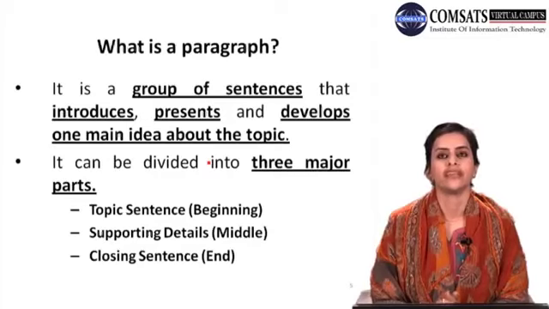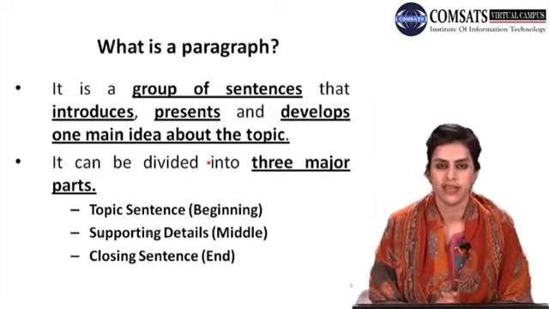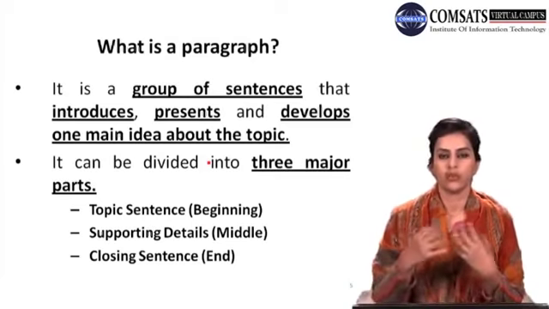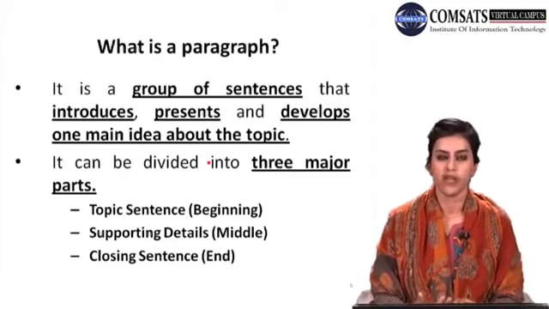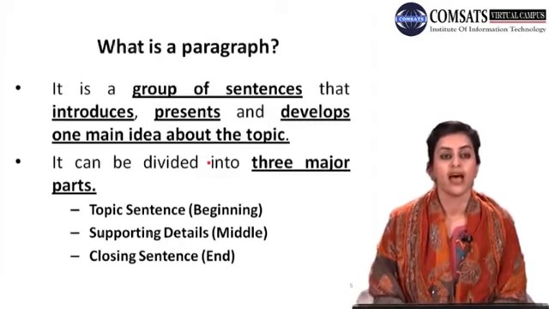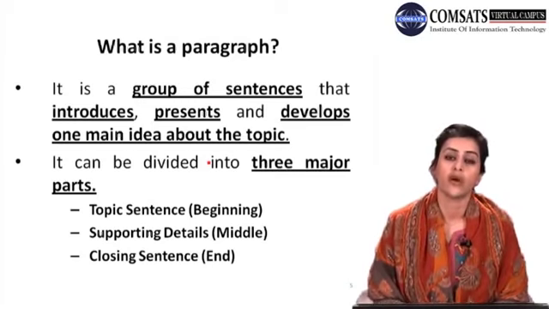So to begin with, let's see what a paragraph is. The dictionary definition of the paragraph says that it is a group of sentences. There are different sentences in a paragraph, maybe 2, 3, 4 or 5 sentences, to make it a group that introduces, presents and develops one main idea about a particular topic, only one topic.